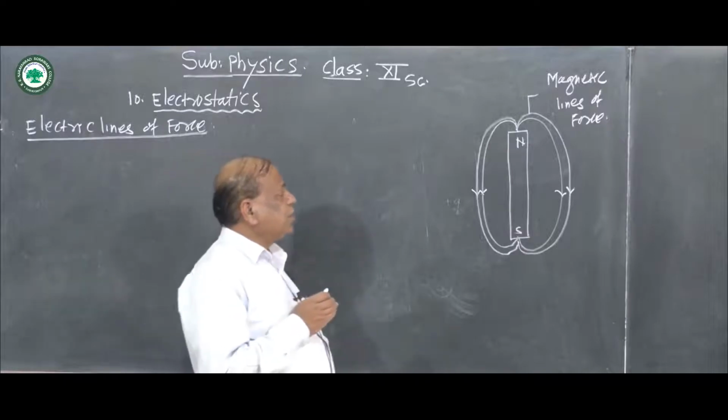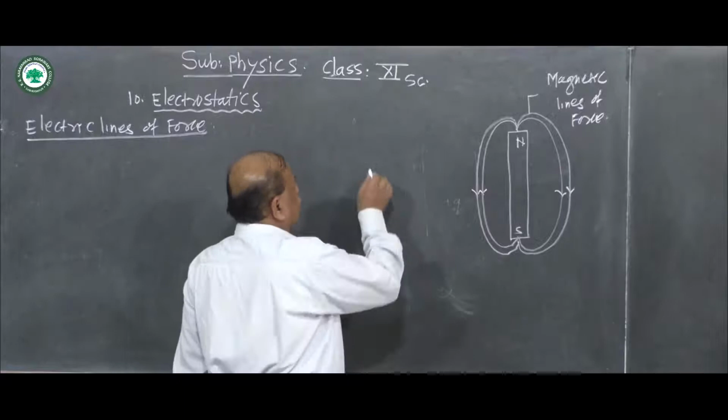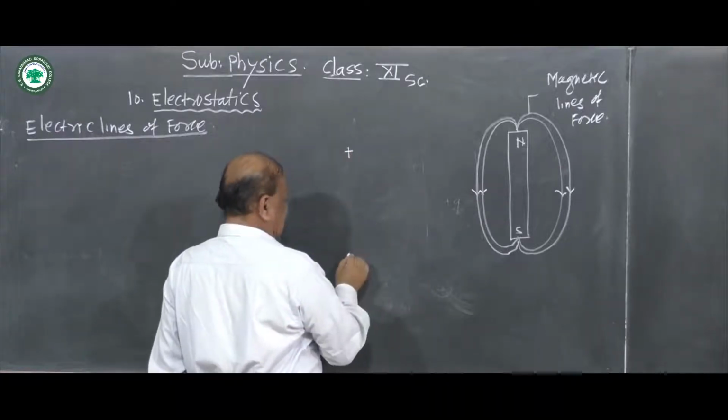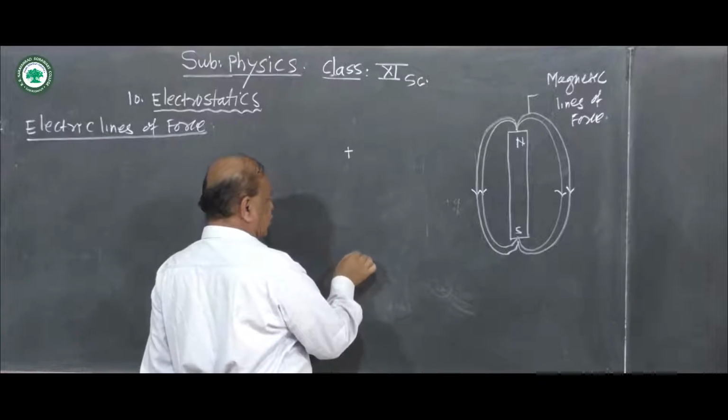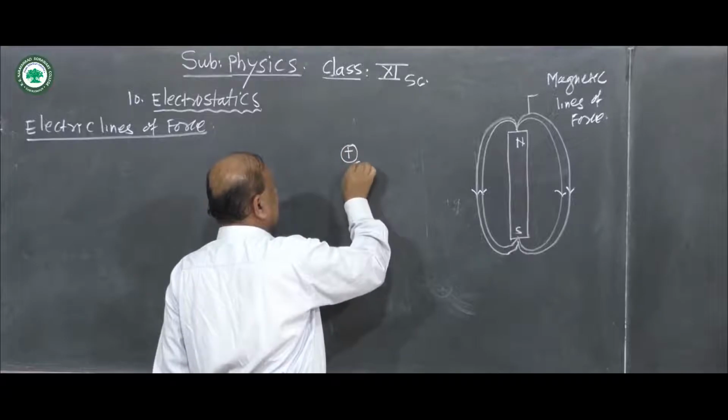Now this north pole is equivalent to a positive charge, and that south pole is equivalent to a negative charge.